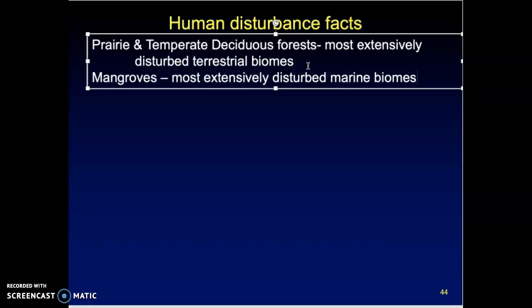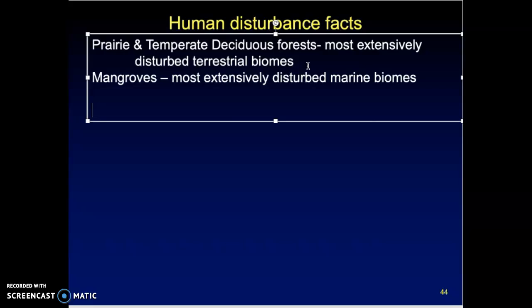The mangroves have been the most extensively disturbed marine biomes. All these biomes have been significantly altered and damaged and destroyed by us.